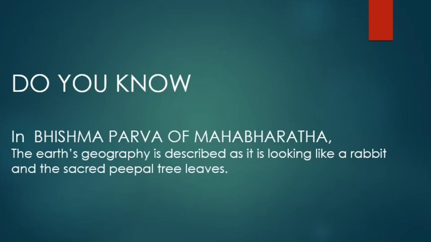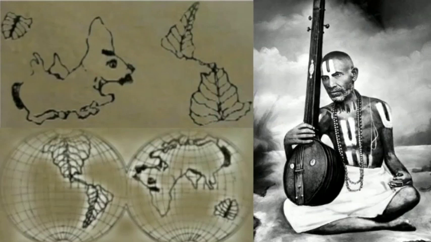You could be surprised to know that the first ever world map was sketched thousands of years ago by the Indian saint Ramanujacharya. So he is none other than Ramanujacharya. He sketched the world map by translating a Mahabharata verse, a sloka.